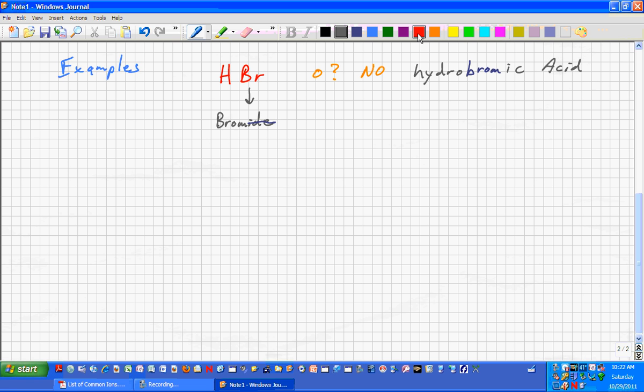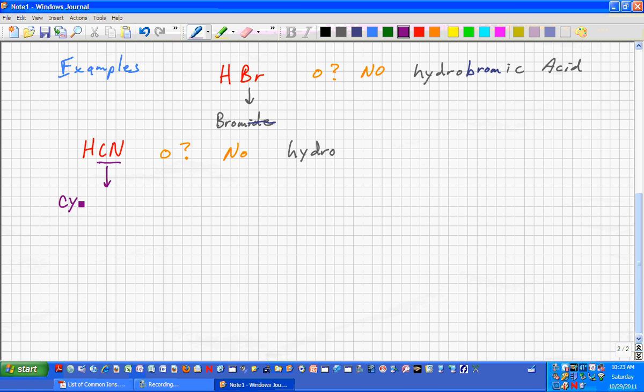Let's try another one. HCN. So again, I ask myself, is there oxygen present? The answer is no. So this is going to become hydro blankic. Again, I want to identify that anion. There's my anion.